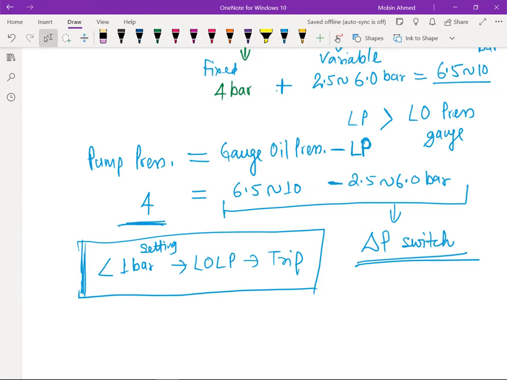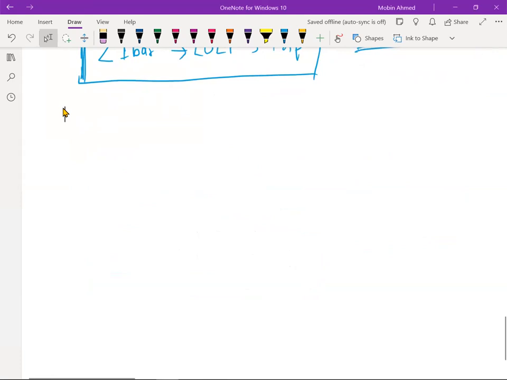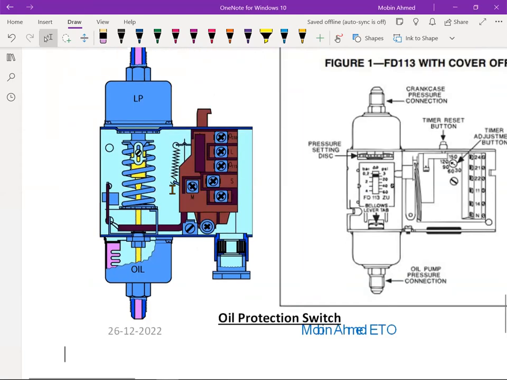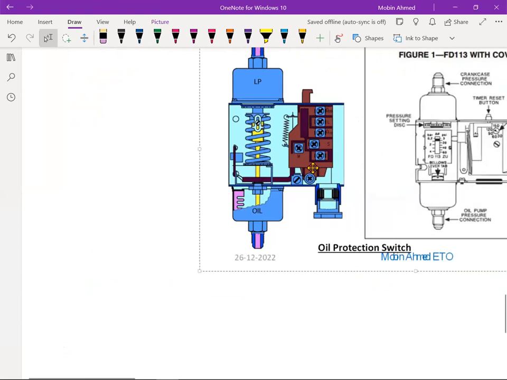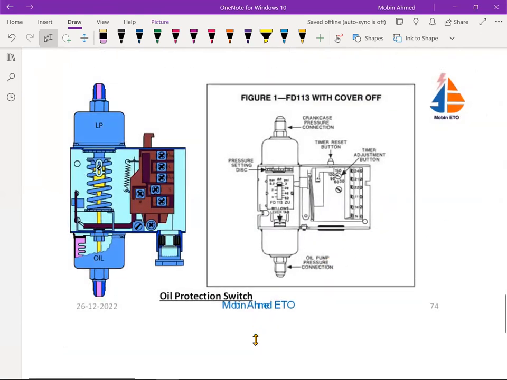I am going to give you the picture so you understand how it looks. They look like this. You can see here.